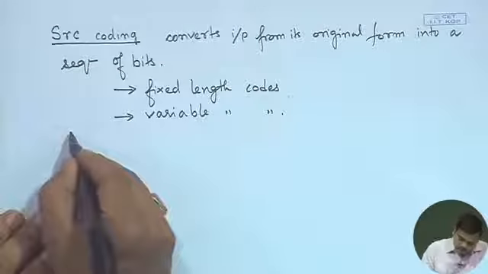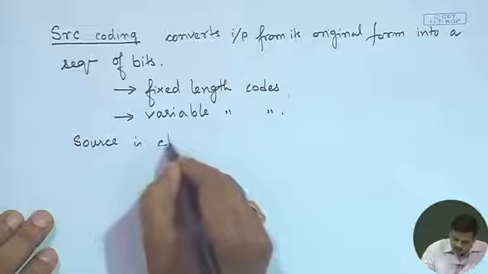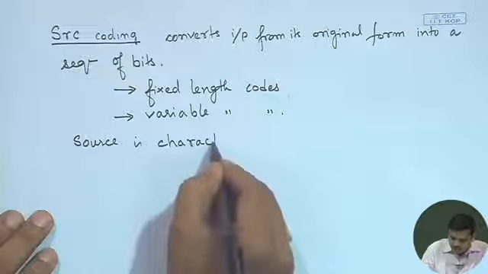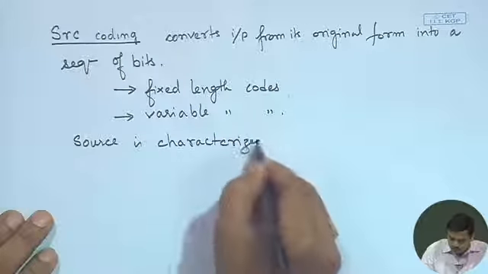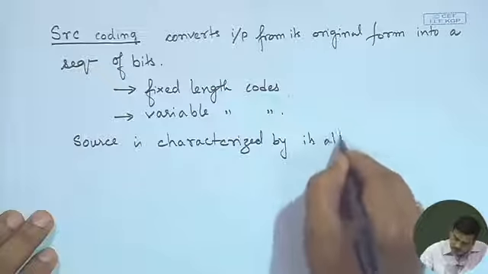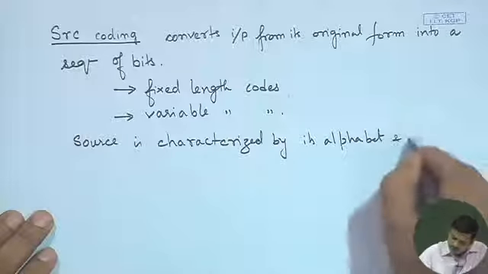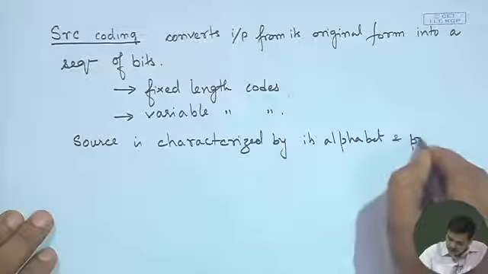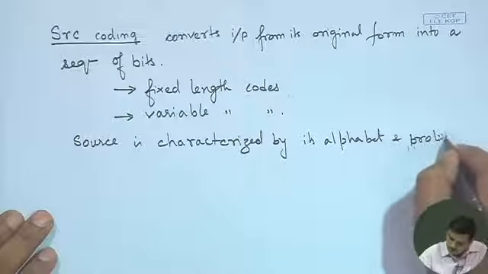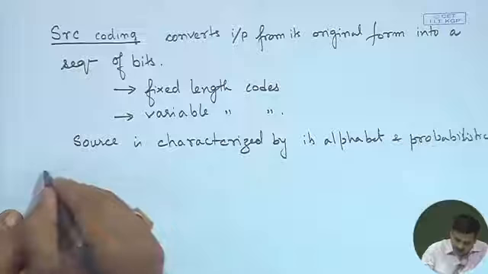And we also state at this point that a source is characterized by its alphabet, which we described earlier, and probabilistic nature.